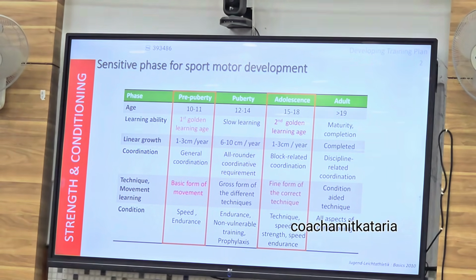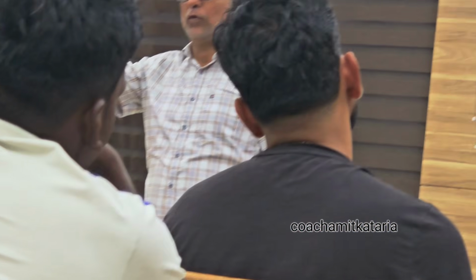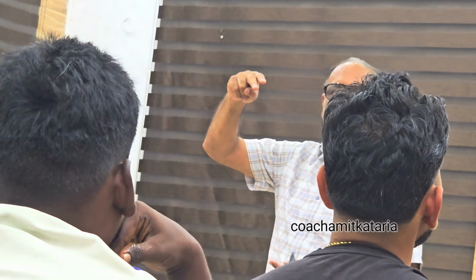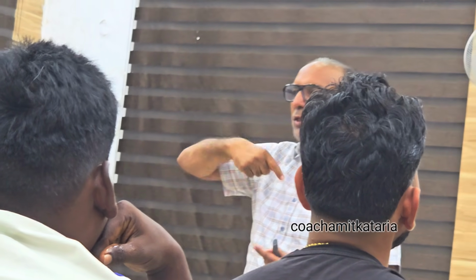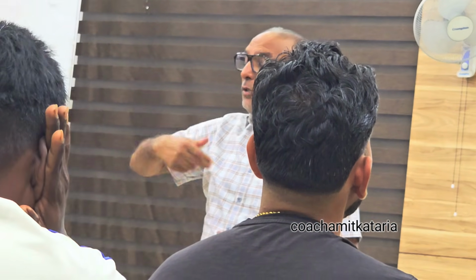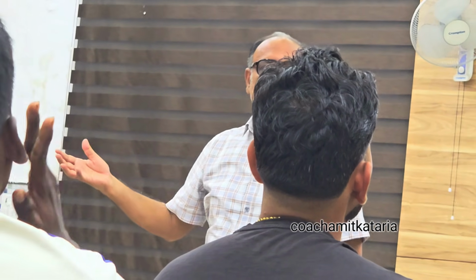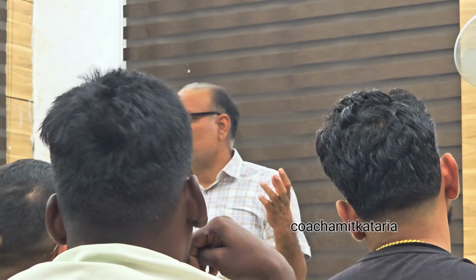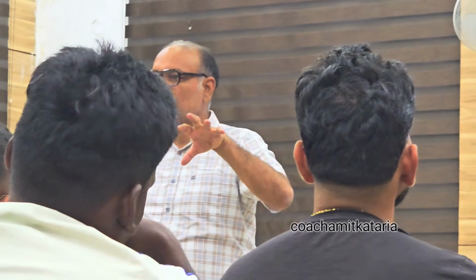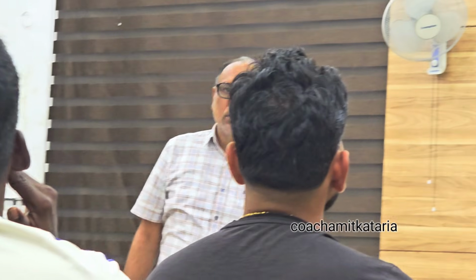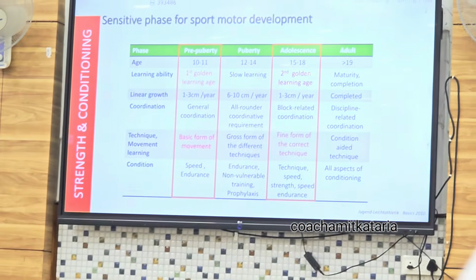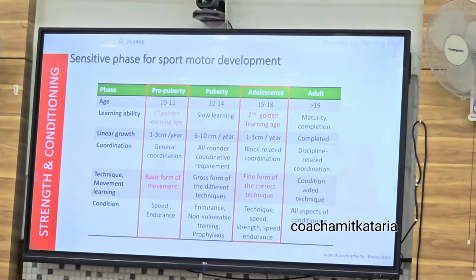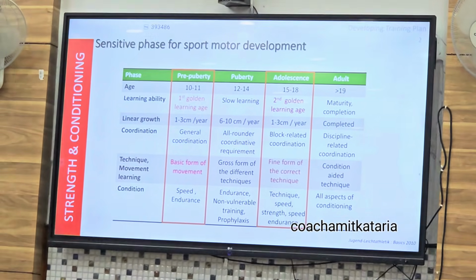Understand that a child who is growing very fast in puberty, whatever you are learning, the size of the body segments is changing, and the size keeps on changing. So naturally your athlete is getting new experience every 2-3 months. So your athlete will find it difficult, especially with the coordination of speed. You must have seen that when children grow fast, coordination and speed become difficult. But we have to train accordingly in that period.